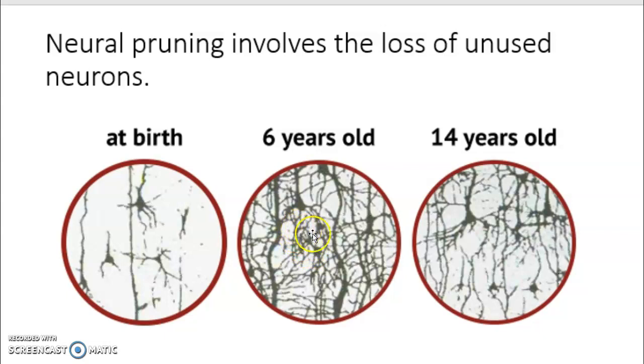And then as you age, you start to get rid of some of those connections, those unnecessary axons. Yes, and also some of those unnecessary synapses or connecting points between nerve cells. This whole process of getting rid of those connections is neural pruning.